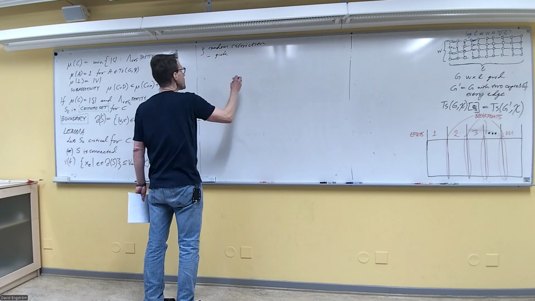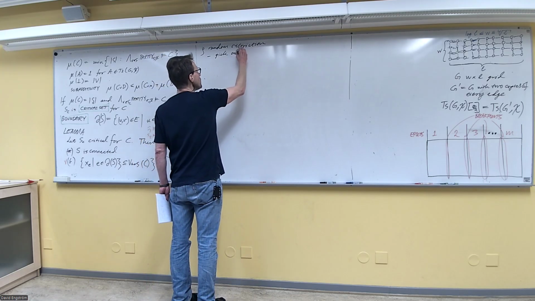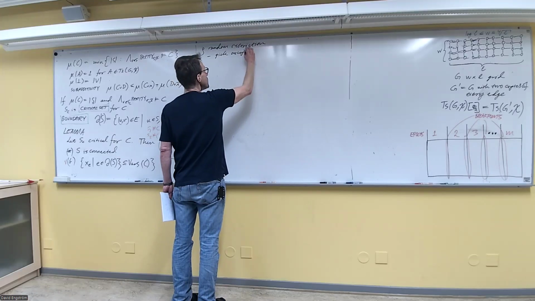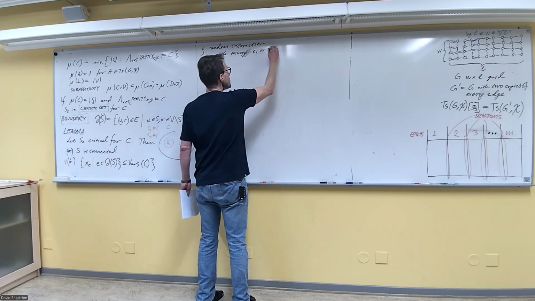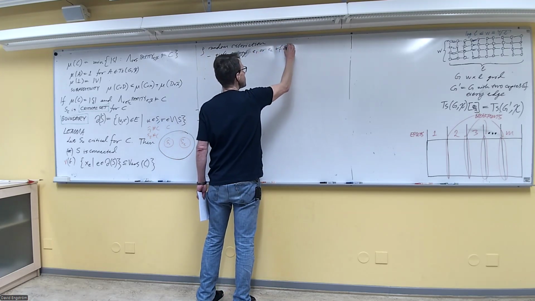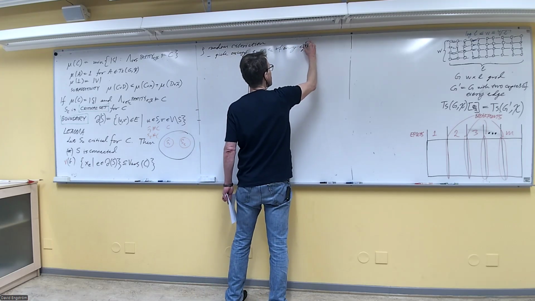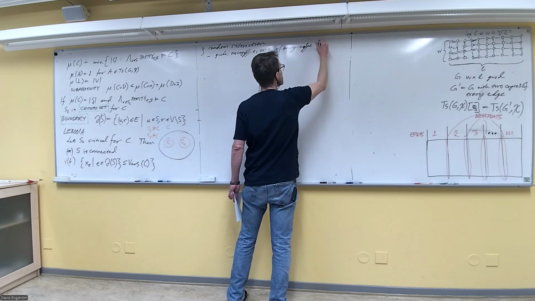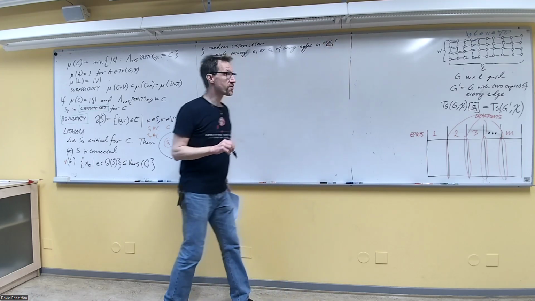It picks uniformly and independently at random one copy, E1 or E2, of every edge in this G prime graph where we have 2 copies of every edge.